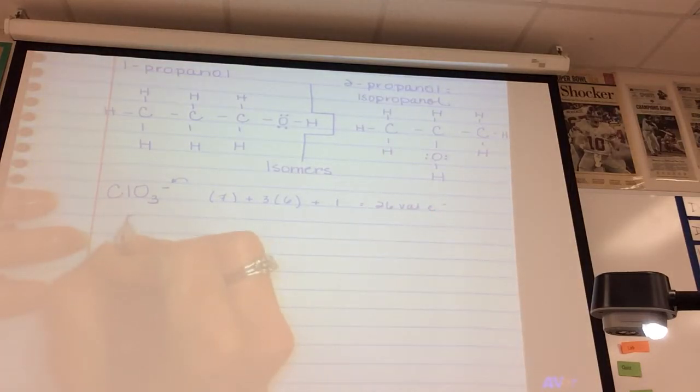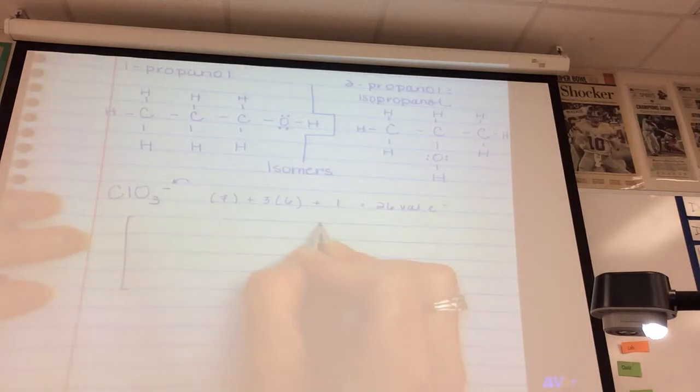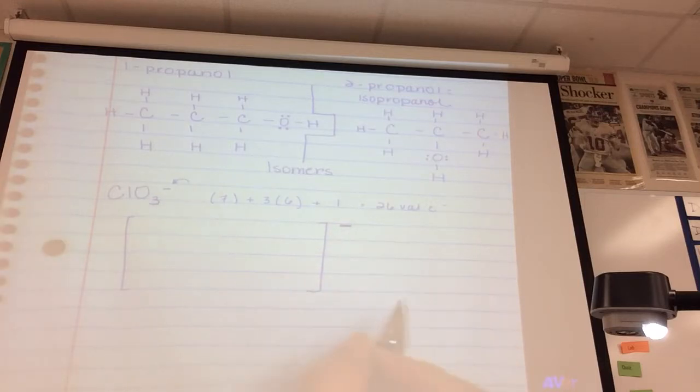When you go to draw this, immediately put a bracket in and the charge on the outside. Can't tell you how many brilliant kids I've had who never could remember to put these ions in the brackets and indicate their charge.